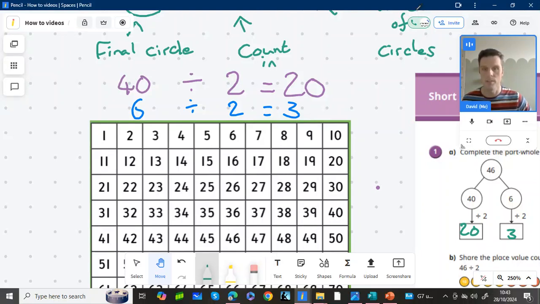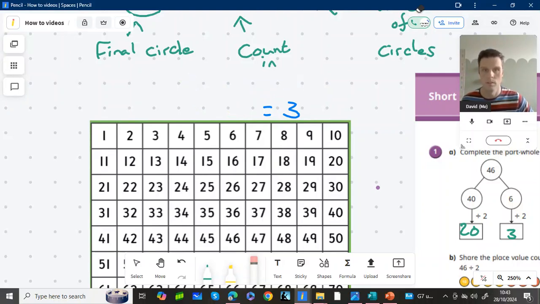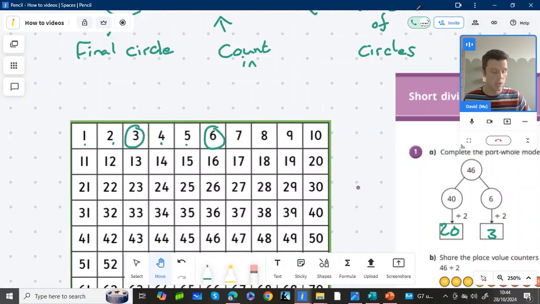So how many 3s in 6? So I'm going to be counting in 3s. So it goes 1, 2, 3, 1, 2, 3. There are 2.